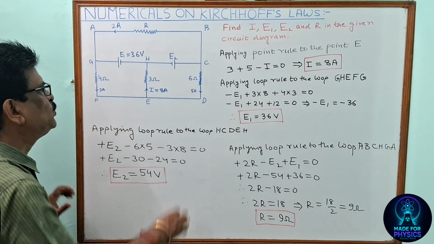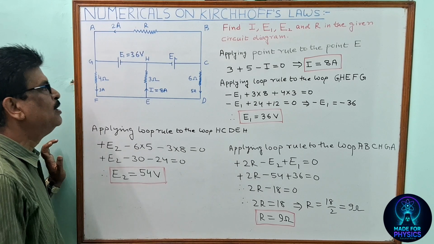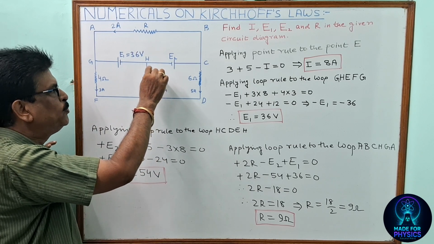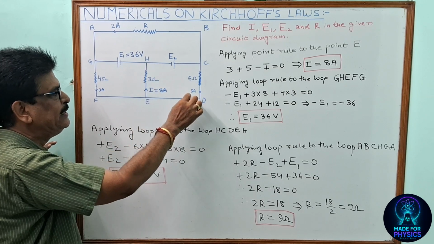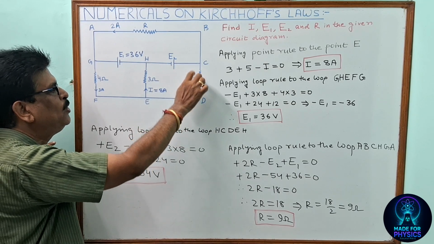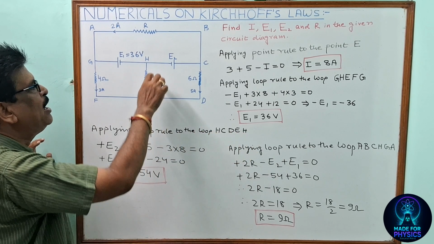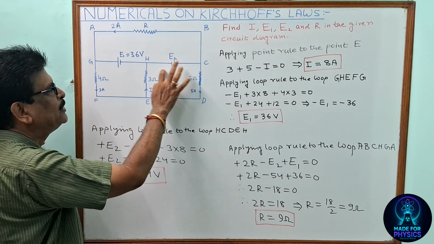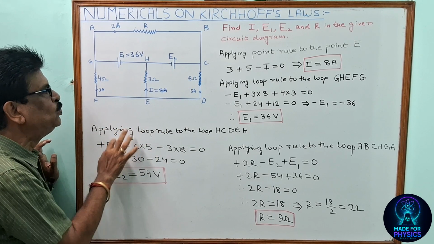Now we'll be solving for this E2. In order to solve for this E2, हम लोग को Kirchhoff's loop rule लगाना है for this loop, that is H C D E H. Now पहले हम लोग move करेंगे along this direction. We are moving from negative to positive, therefore plus E2.